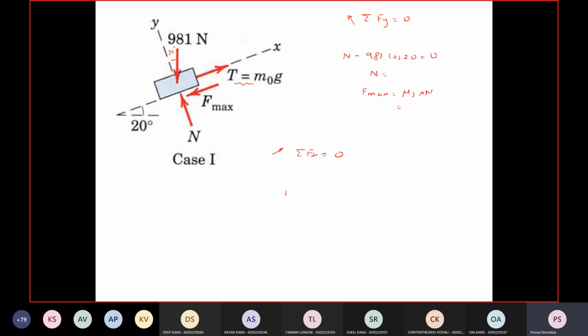So m0 into 9.81, which is nothing but your T, minus F max, which is 277, minus 981 into sine 20 is equal to 0. So find out m0.